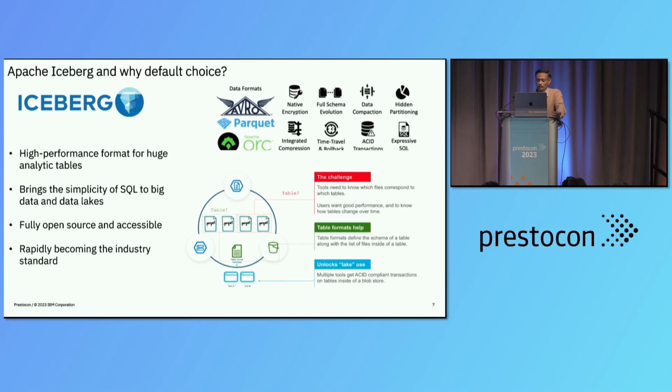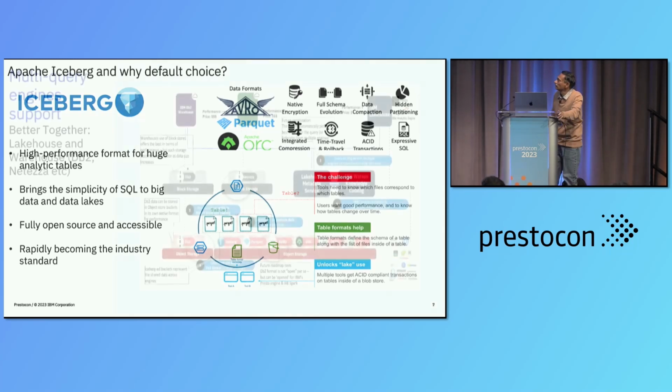And that has been improving with the latest Iceberg versions, with different features being added. That's the main focus, that's the adoption, and that's why it's a default choice that we have been using and focusing on, the Iceberg open format.